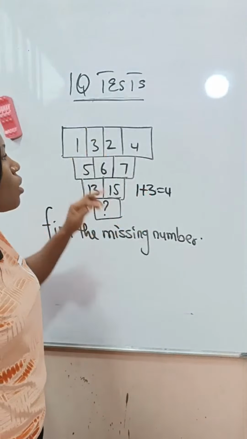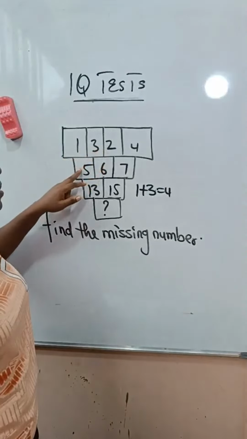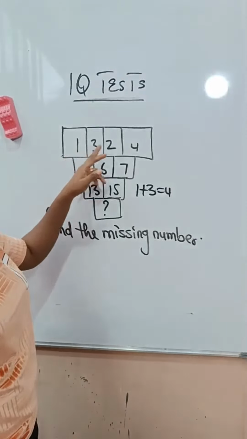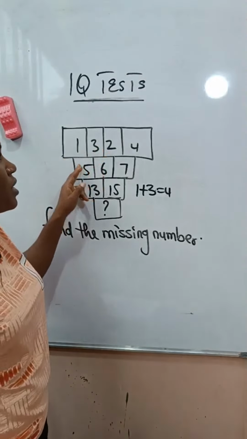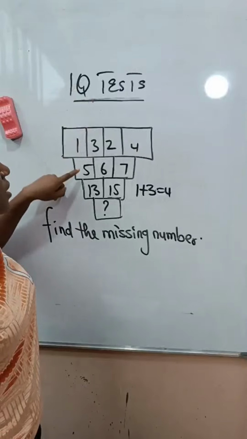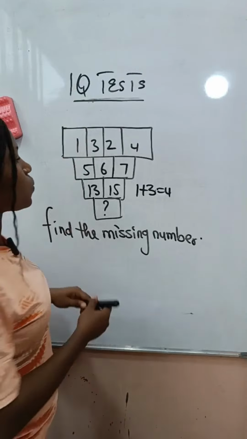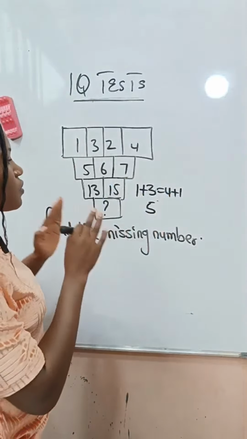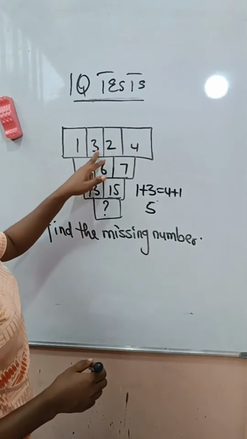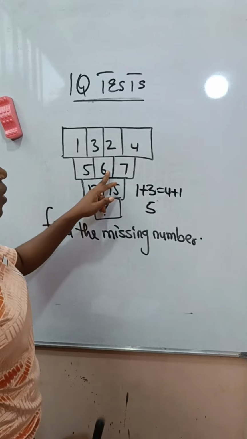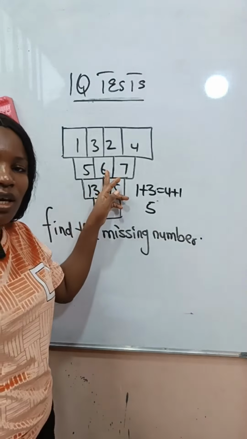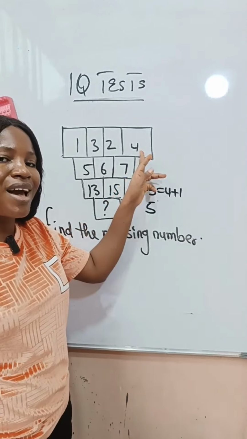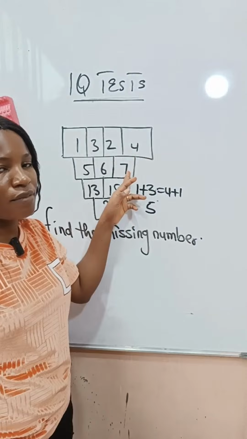And in an addition wall, when you add this to this, you get the one below them. So 1 plus 3 is supposed to give us 4, but being that this is an IQ test, they decided to make it 5, meaning they added 1 to the sum. So we have to keep that in mind. Then similarly, 3 plus 2 is supposed to give us 5, but they added 1 again to make it 6. Now 2 plus 4 is 6, but they added 1 to make it 7.